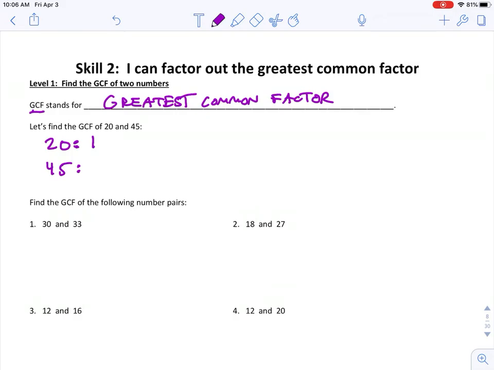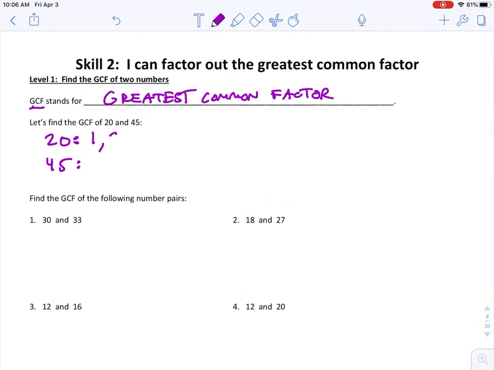We also know that 2 times 10 is 20, so we got 2, and we also have 10. I'm going to list that over here. 3 doesn't go into 20, but 4 times 5 is equal to 20, so 4 and 5 are factors. And then obviously, I forgot to write this one down, but 1 and 20. Okay, so it does help to kind of write these numbers in order, and you'll see why in a moment.